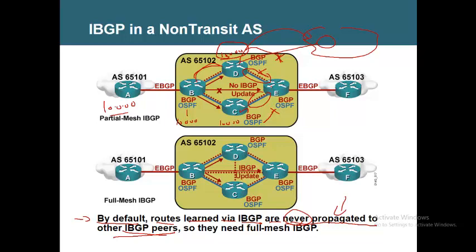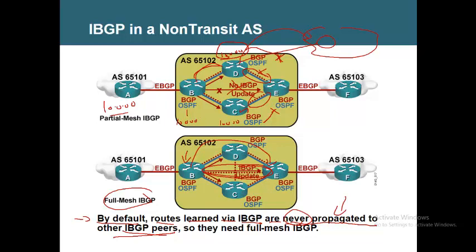So what is the solution? You make full mesh, meaning you ask B to deliver a copy directly to E. For that, what is needed? You need to form an IBGP with this guy, which is missing here.